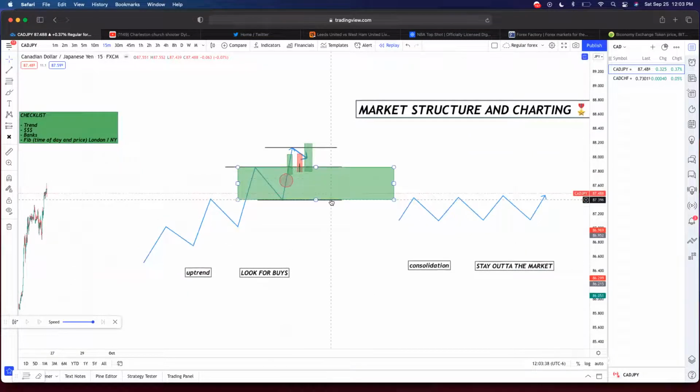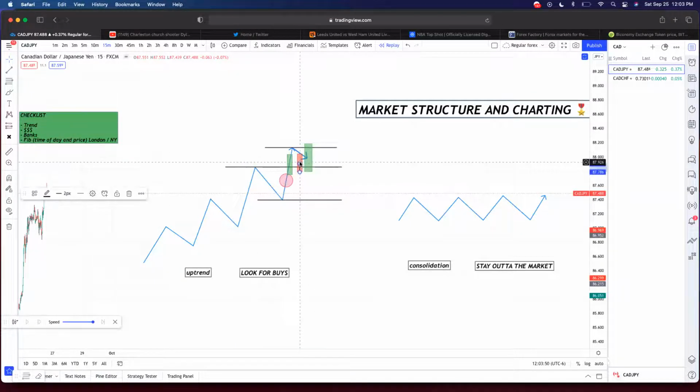So that is one way of entering the market, okay? And that is the way, like I said, retail traders, market structure, all these guys, that's how they trade, right? Another way of getting a trade idea would be, and remember, these things match up with price and time and stuff like that, right?